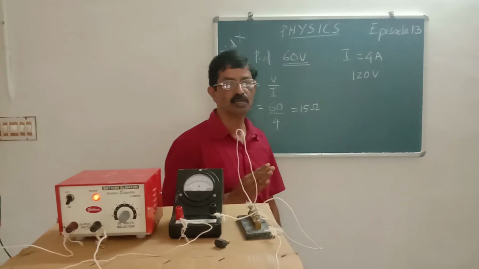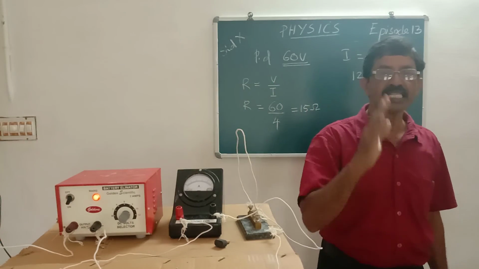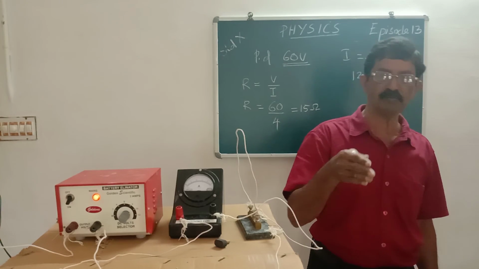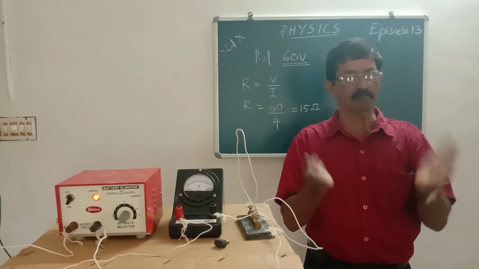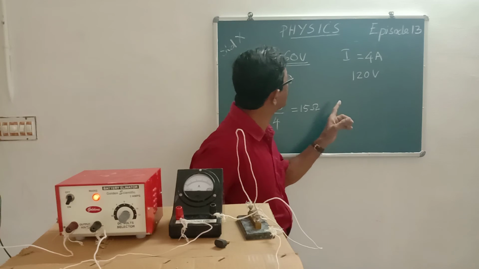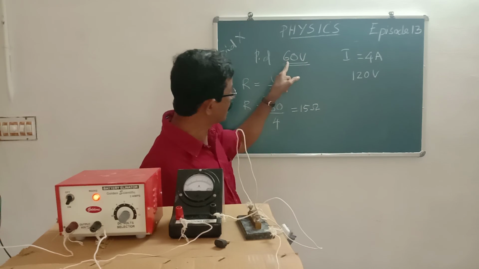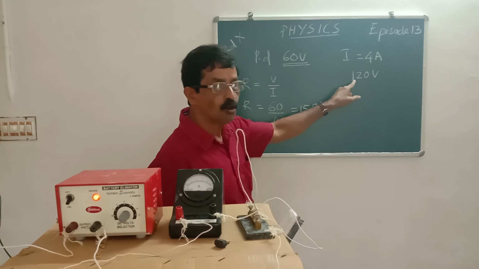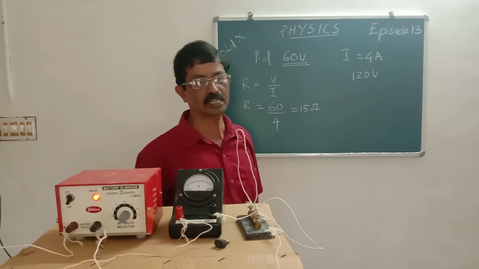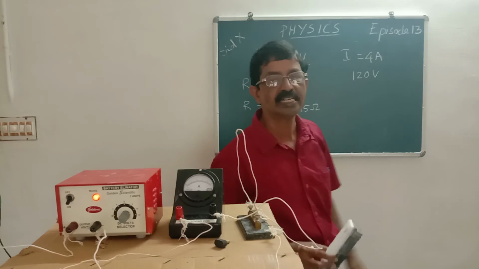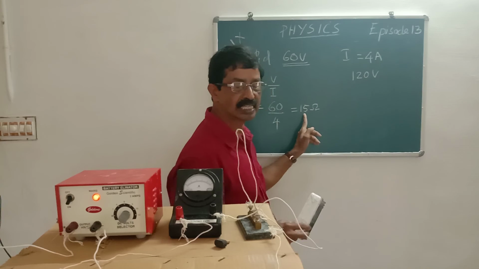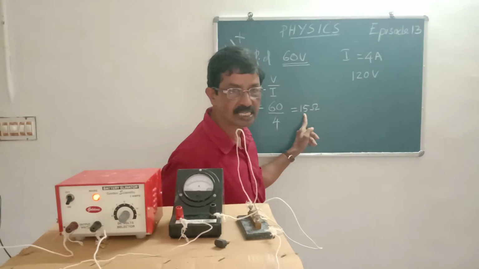Because we know for an appliance its resistance is constant. For an appliance that is already constructed or made, its resistance is constant. That means if you apply 60 volt, 120 volt, 75 volt or 110 volt, its resistance does not change. So we first find the resistance of that appliance.